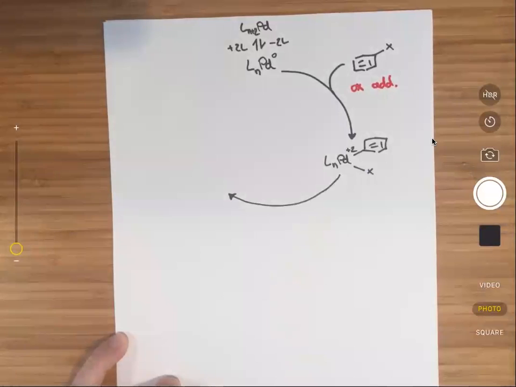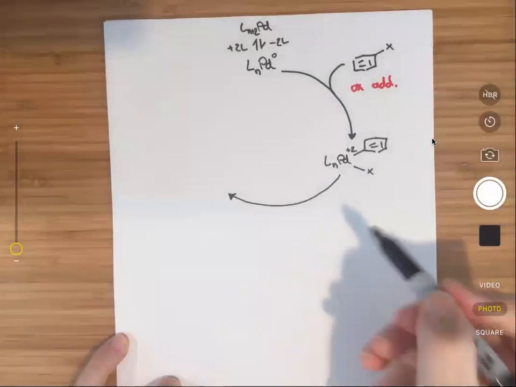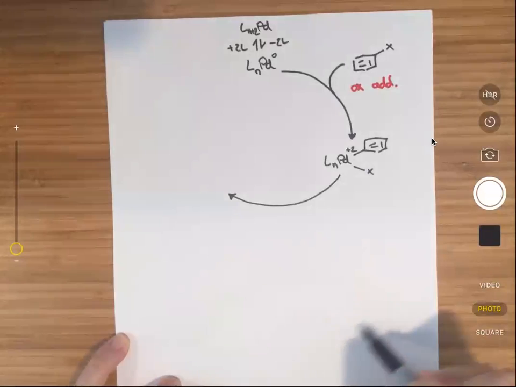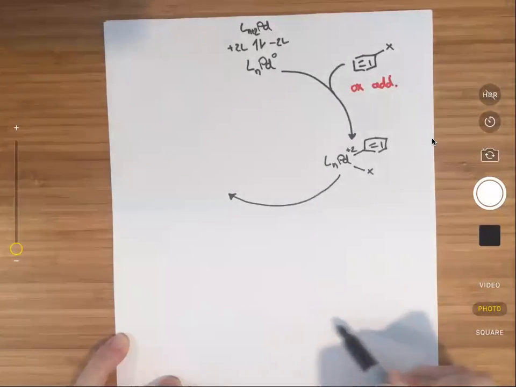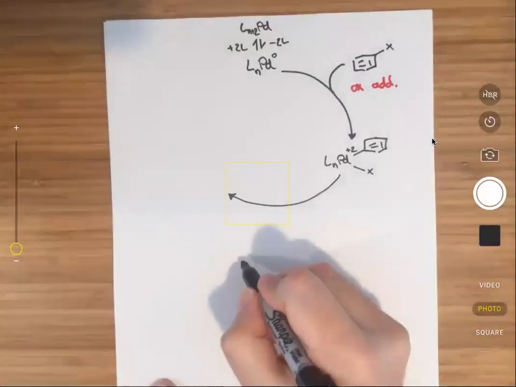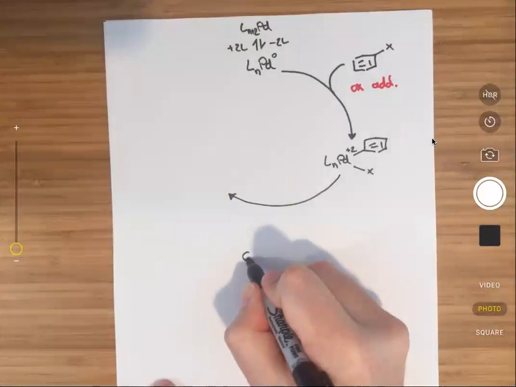Now, if you remember, in the reaction, we originally did not have actually a transmetallating agent. We just had the terminal alkyne and this copper. And these are basically the components that come into play here in the second cycle that we're going to draw down here.